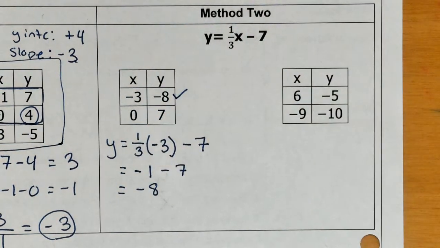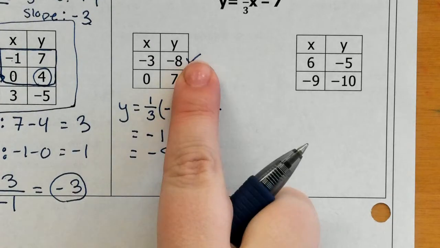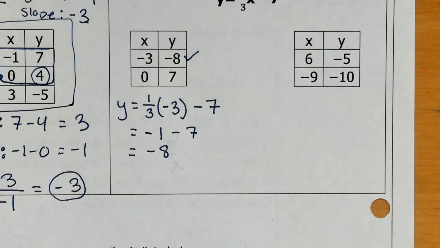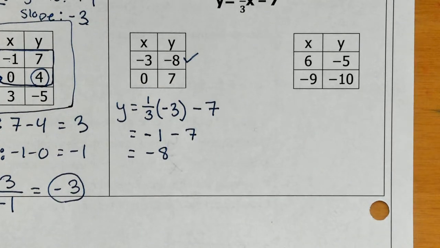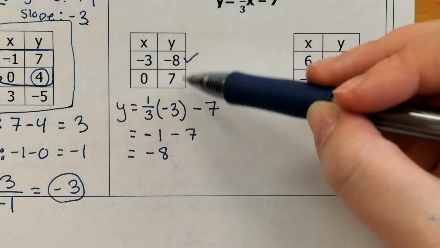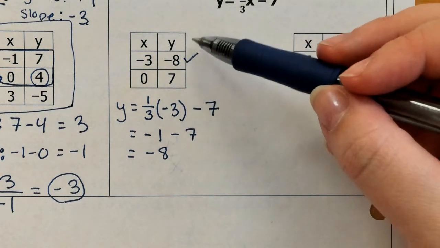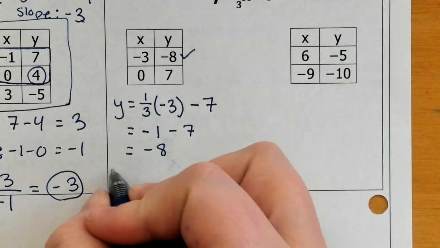Well, that's what I wanted. So we're good there. But we can't just stop, because they're going to try and trick you. So we need to check all the points in the table. We either need to check points until one of them is wrong, or both of them are right. So we've got to try the other one.